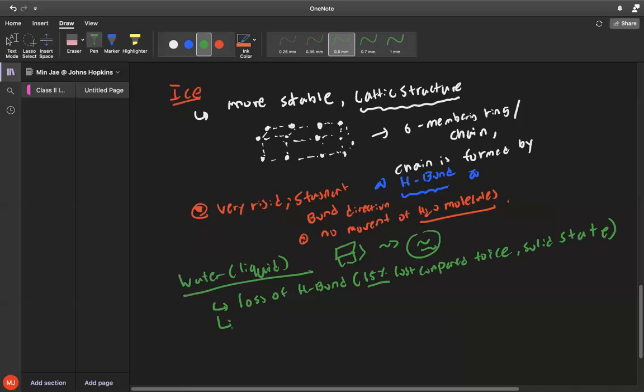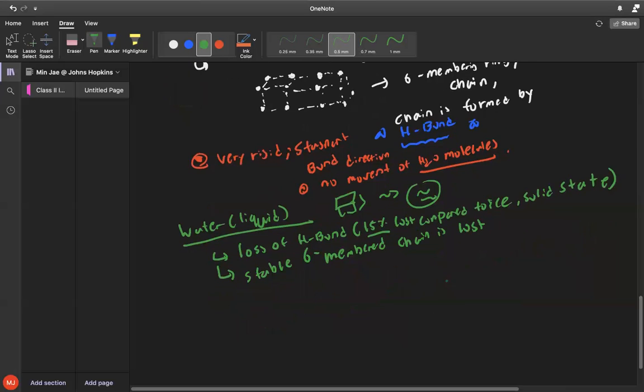This also implies that the stable six-member chain is lost. However, on a positive note, like a silver lining, because there's a loss of the stable six-member chain, or the rigid structure, the movement of the water molecules is very dynamic.